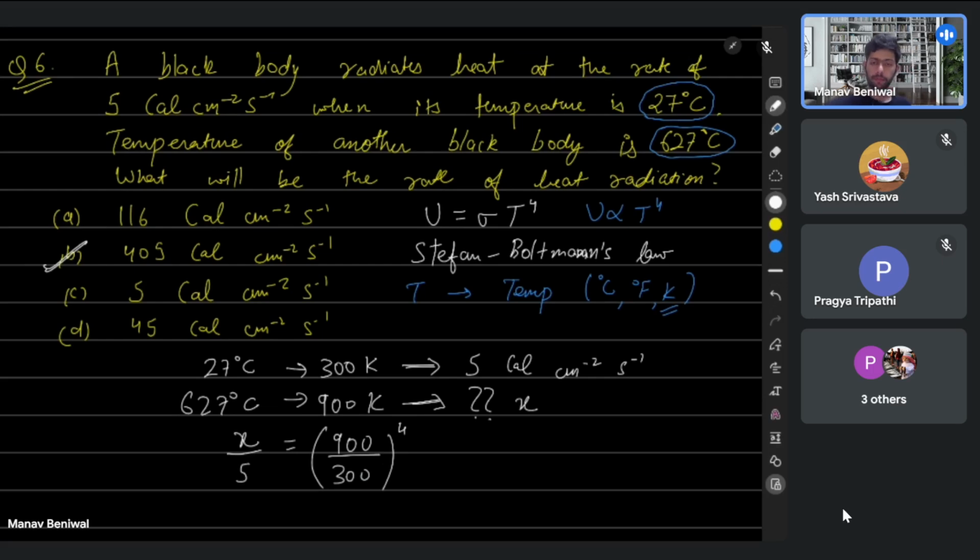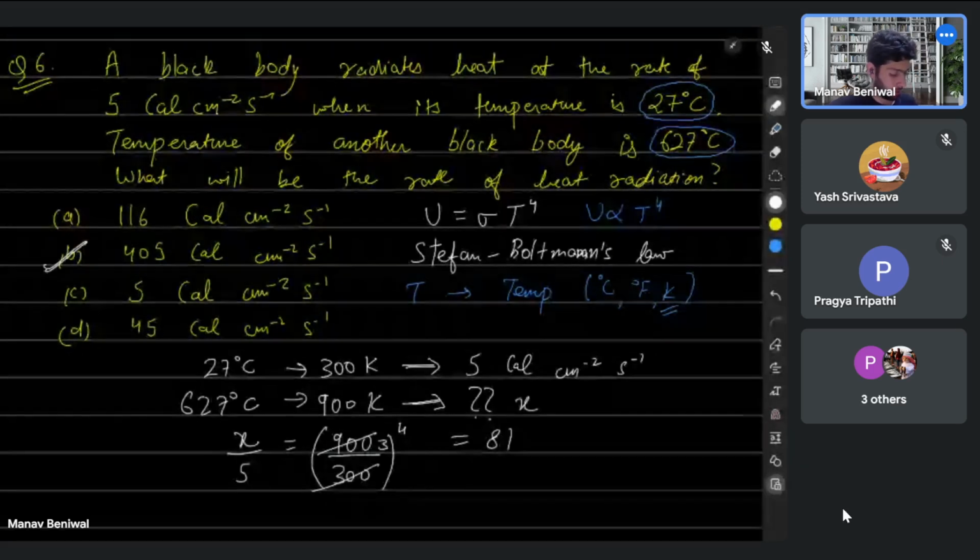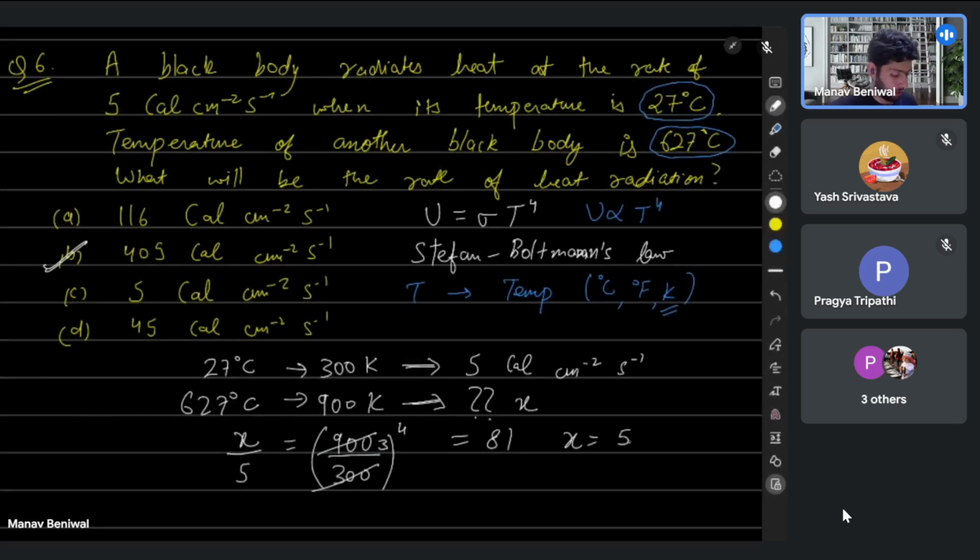This is just 3 to the power 4, which is 81. So x is 5 times 81, which is 405, option B. Correct.